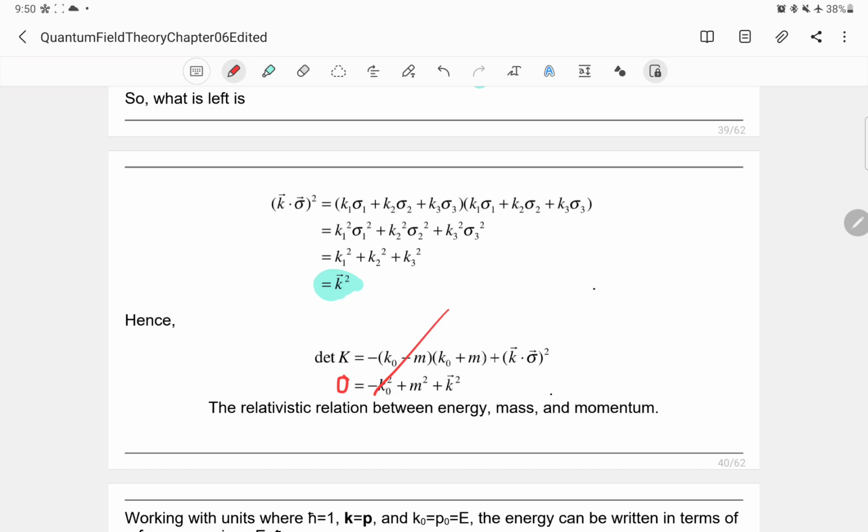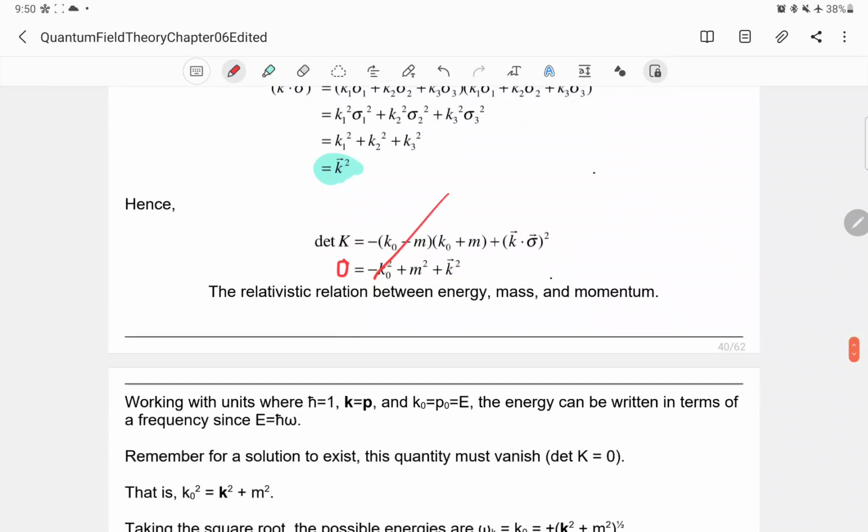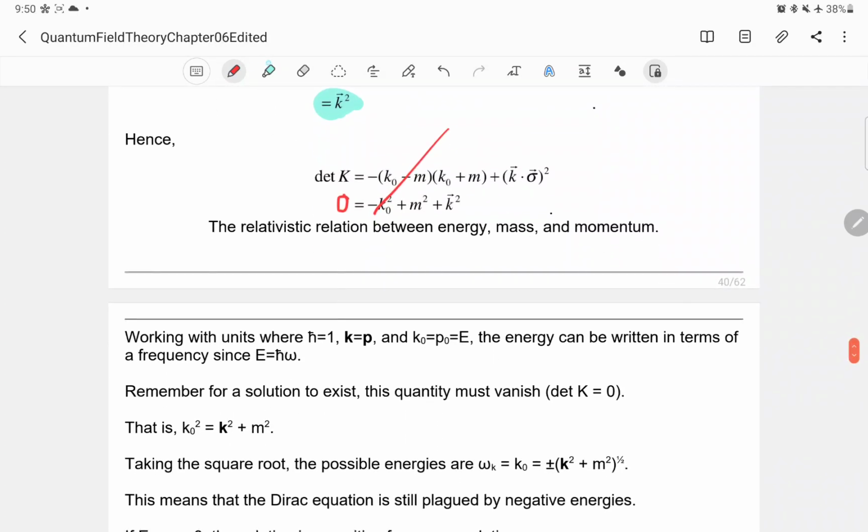If you put that on the other side, like this one here, that is just the relativistic energy relationship. Working with units where h bar is equal to 1, your momentum is equal to p, and your k0, the first part of the four-momentum, would just be the energy.